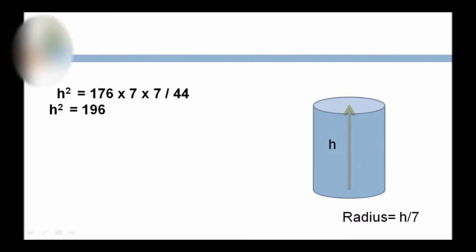By solving this line, we get 196. Now taking square root both the sides, we get 14 because this square root will cancel this square, and 14 multiplied by 14 is equal to 196.